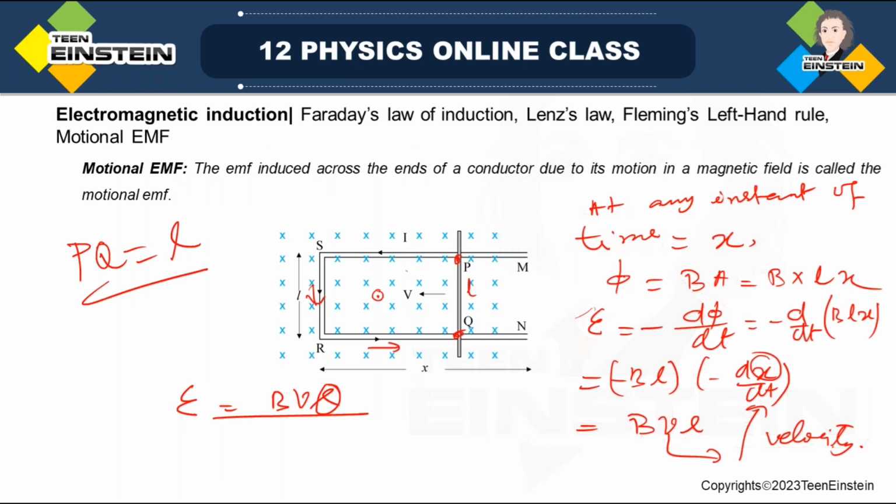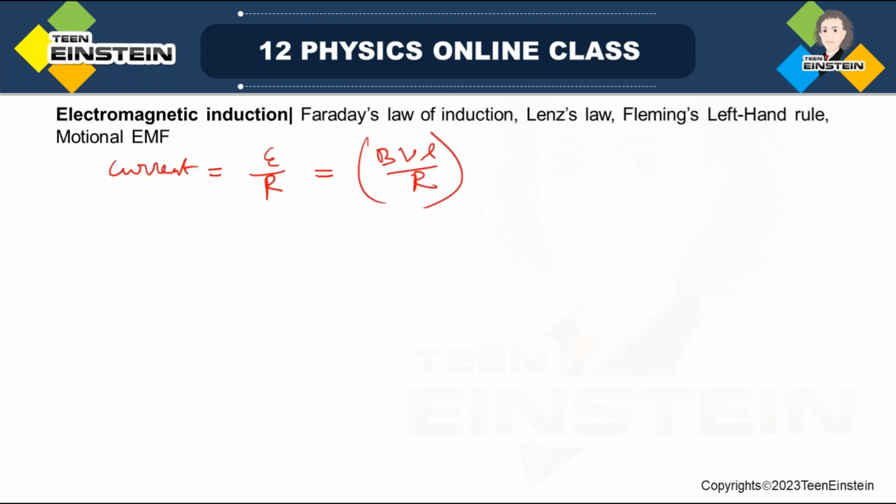Now, what will be the magnetic force on this? Current I is BVL by R, where this is the EMF and R is the resistance of the conductor.